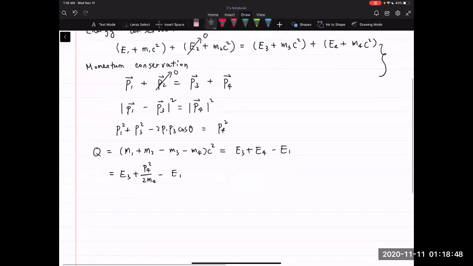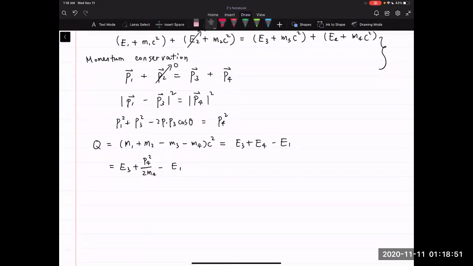So now we can substitute P4. This equation becomes E3 minus E1 plus 1 over 2 M4 times P4 squared, which is P1 squared plus P3 squared minus twice P1 P3 cosine theta.